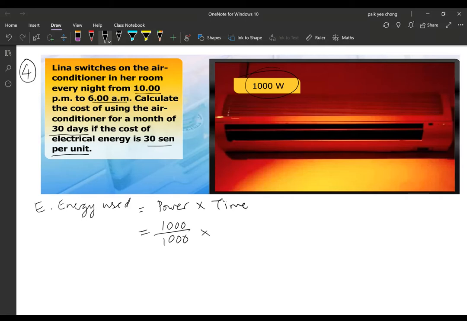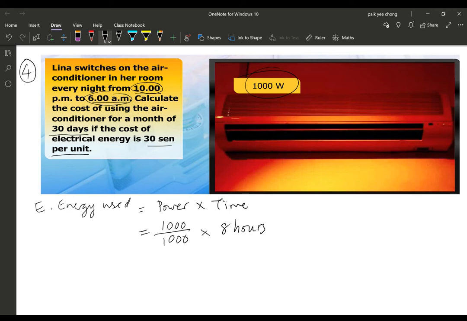Now how many hours is this? 10 o'clock at night to 6 a.m. in the morning. From 10, you can use your fingers to count. 10 to 11 is already 1 hour. Then 11 to 12, midnight, 2 hours. Then 1 o'clock, 2, 3, 4, 5, 6 o'clock is actually 8 hours.